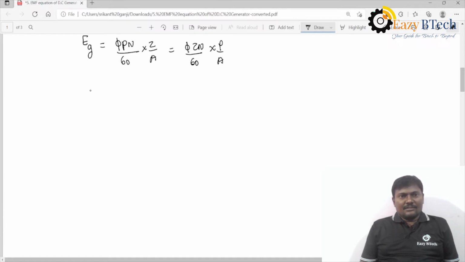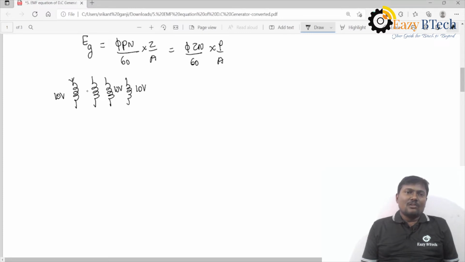I will tell you how. The generated EMF is inversely proportional to the number of parallel paths. I am taking 4 coils. Each coil has an induced voltage of 10 volts, and each coil carries a current of 1 ampere.